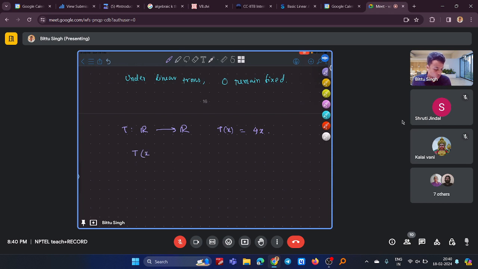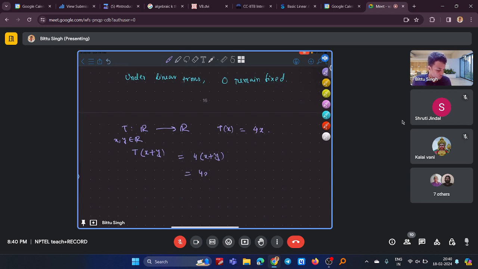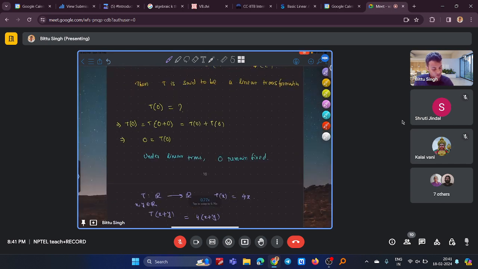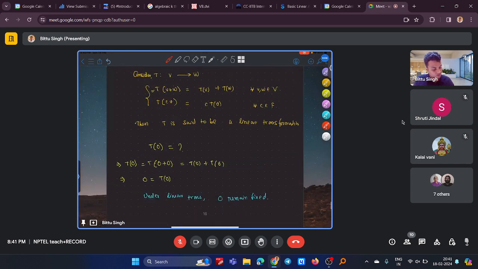Let us check those properties. T of x plus y, where x, y belong to R. By definition this is 4 times x plus y, and by the distributive property it is 4x plus 4y. Now 4x is T of x by definition, and this is T of y. So the first property is satisfied.